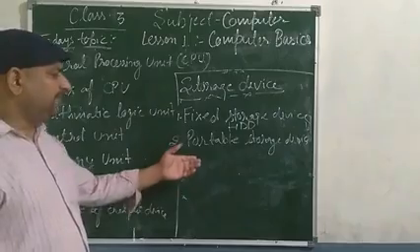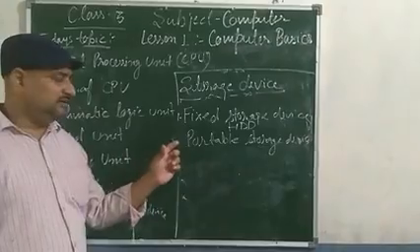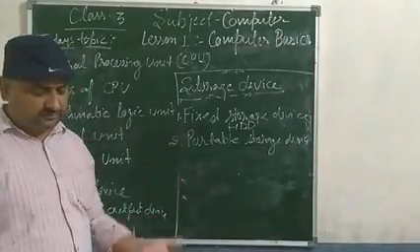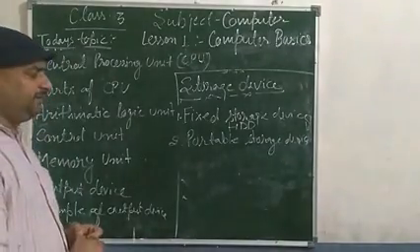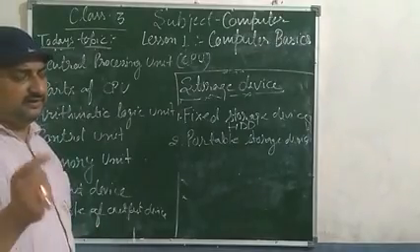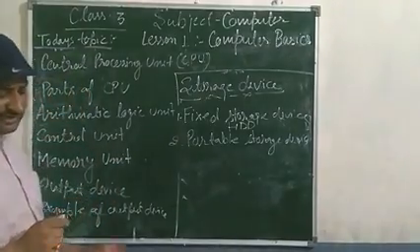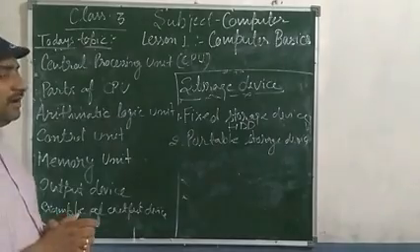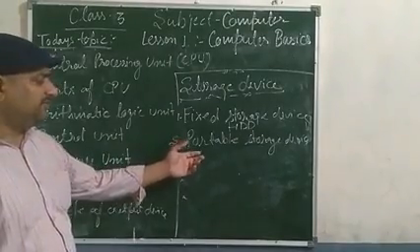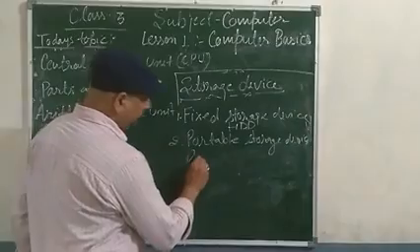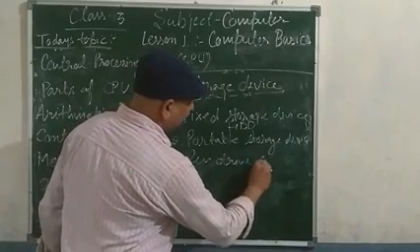Then another storage device is portable storage device. Portable means we can carry the data from one place to another place. It is not a part of the CPU box. Examples of portable storage devices are pen drive, CD drive, or external hard disk.